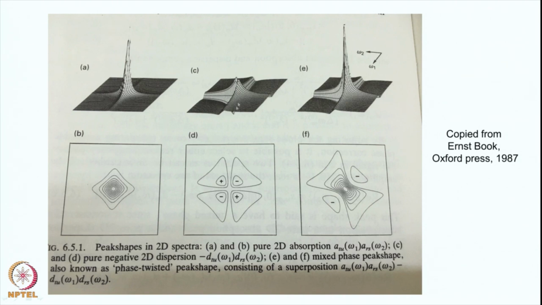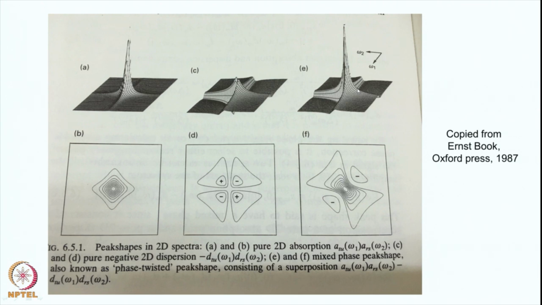Both contribute to the real part of the spectrum. If you collected both of these, then of course you will have a mixture of both the line shapes, and so it will be a mixed phase. Now here it is a more complicated situation, that you have absorptive line shape along one axis and the dispersive line shape along the other axis.